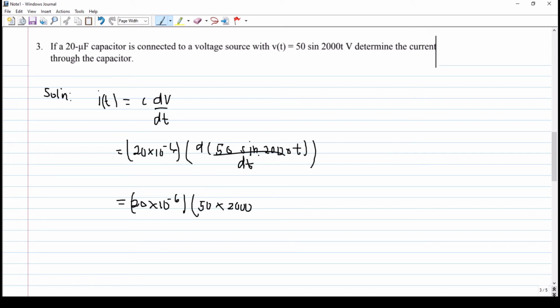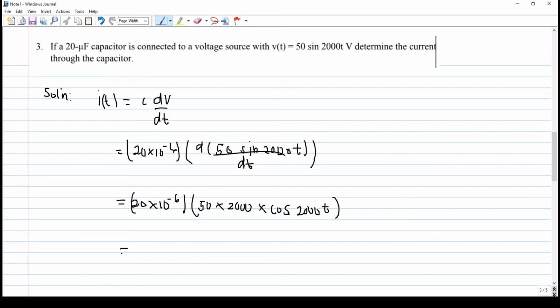The derivative of sine 2000 t is cosine 2000 t. Okay.